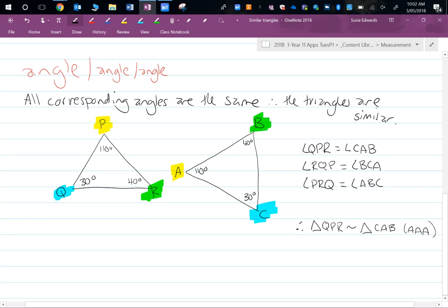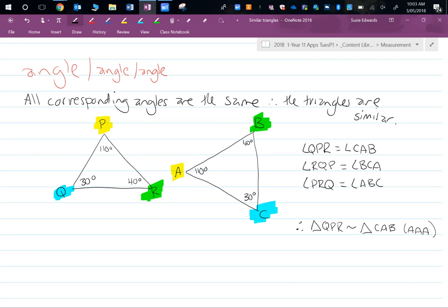Because we haven't checked the sides, but because all the angles are the same, we know for triangles that these are similar. Everyone good?